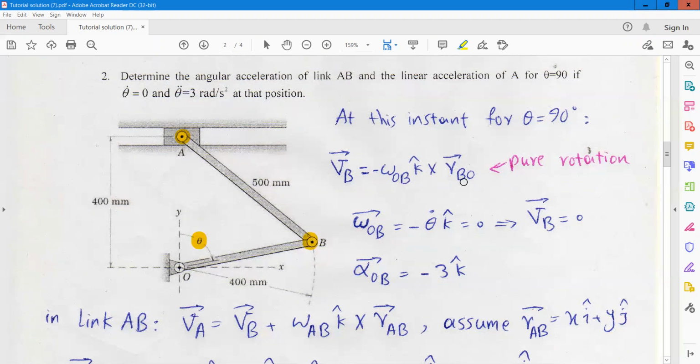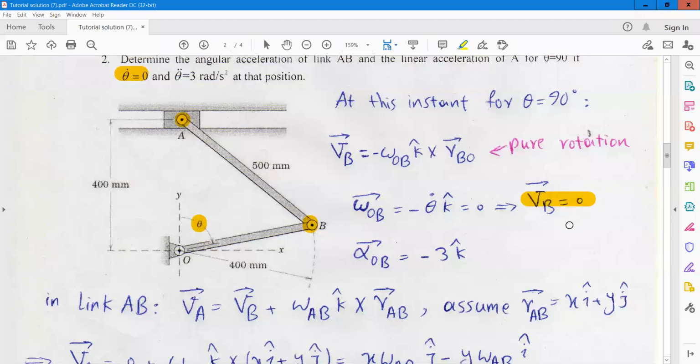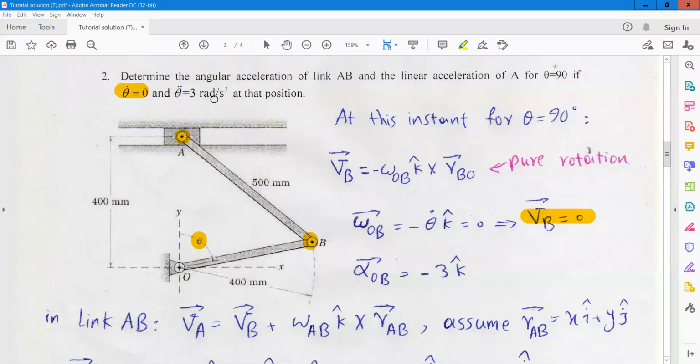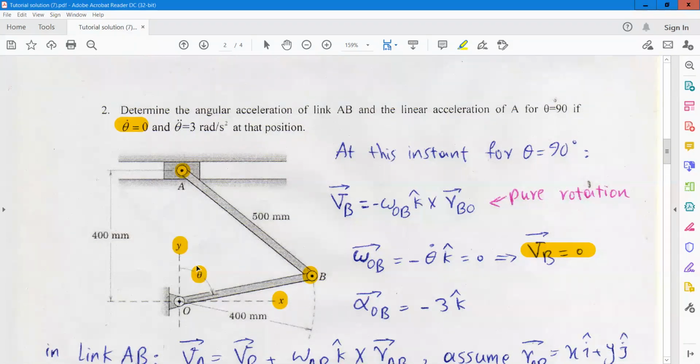But the angular velocity for this link at this moment is 0. Here theta dot is 0. So we can conclude that the velocity of point B is equal to 0. The acceleration for link OB is equal to 3 radian per second square. And using this coordinate system, X and Y, and using the direction of theta, it will be minus 3k.